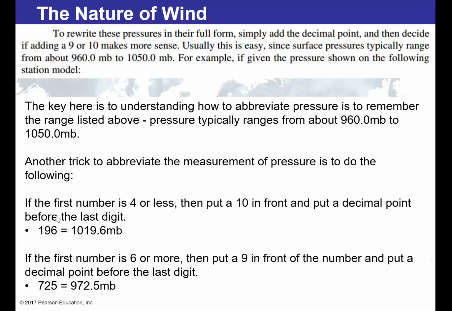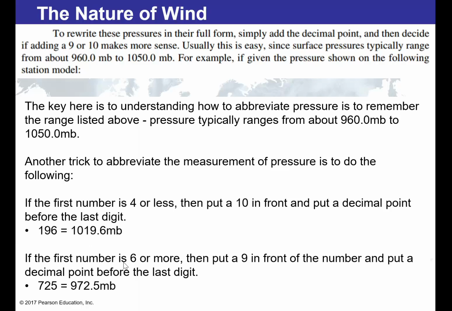So on a station model, which you can see in your lab manual, if we have a number of 196, then we can add a 10 in front of that number and add a decimal point before the last digit, converting this abbreviated pressure into its full pressure, which would be 1019.6 millibars.